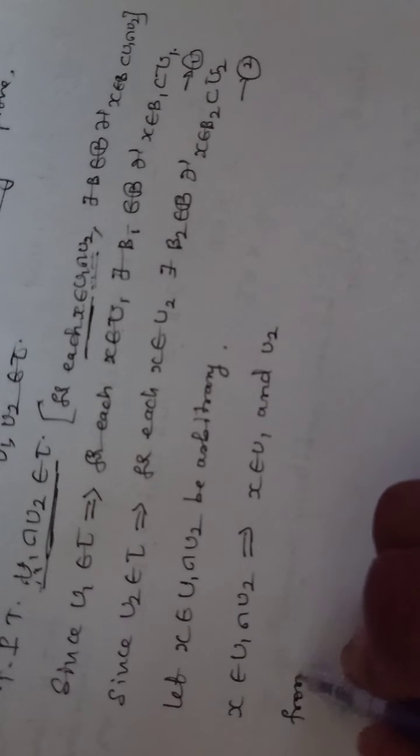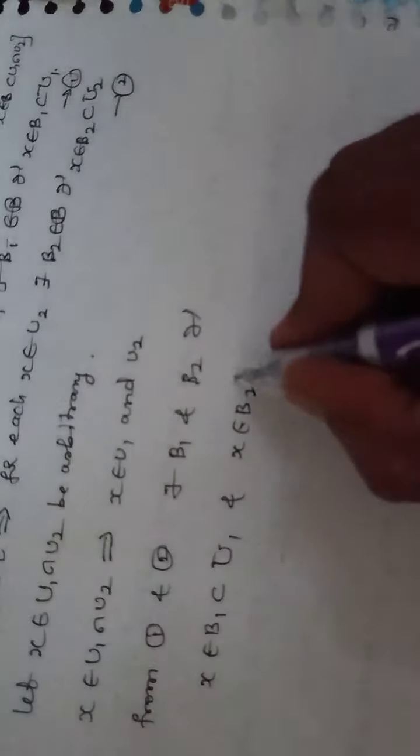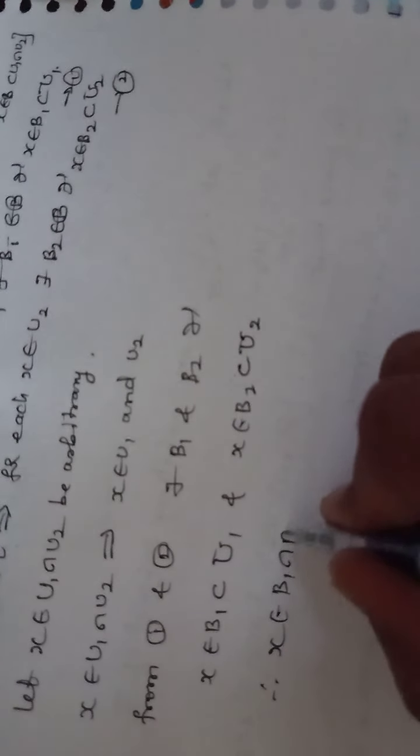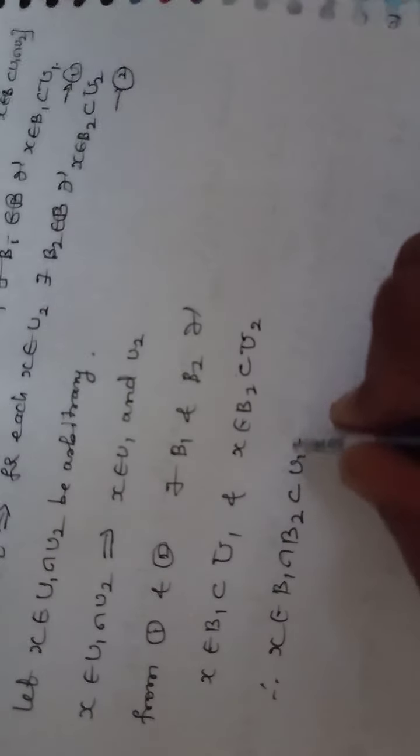So from (1) and (2), there exist b1 and b2 such that x belongs to b1 which is contained in u1, and x belongs to b2 which is contained in u2. Therefore x belongs to b1 intersection b2, which is contained in u1 intersection u2.